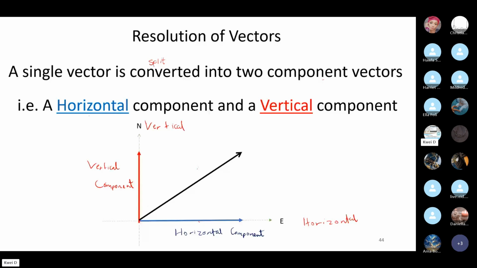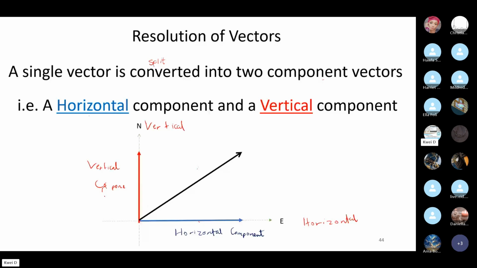So if we are using force as an example, let's take this single vector to be force. Sorry, I didn't mean to clean this one. Let's call this F. And we are saying that we are going to split it into the component vectors.